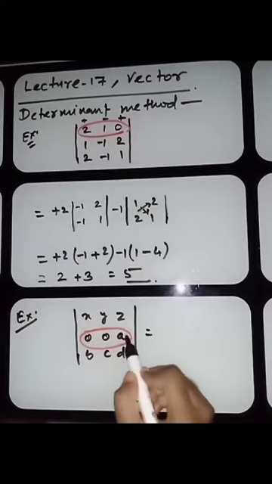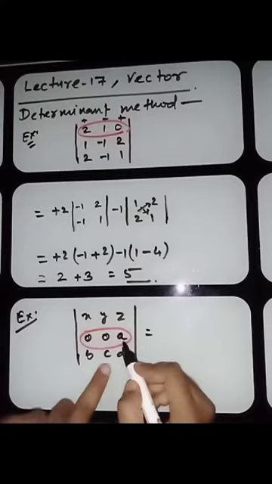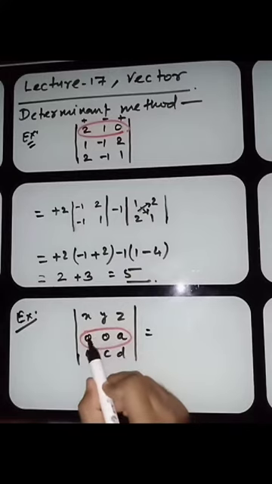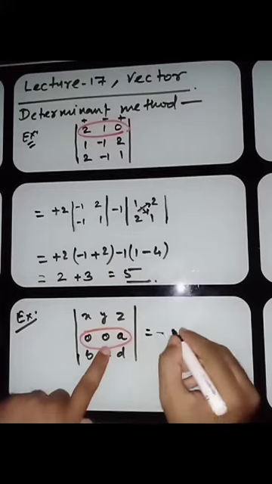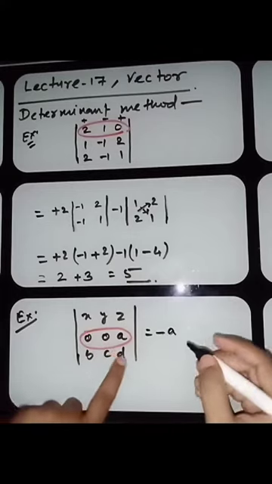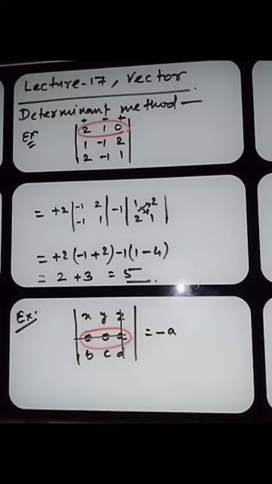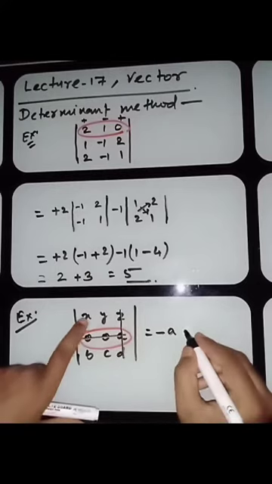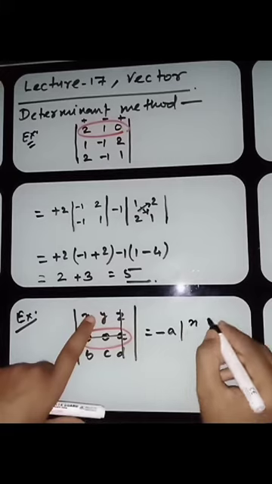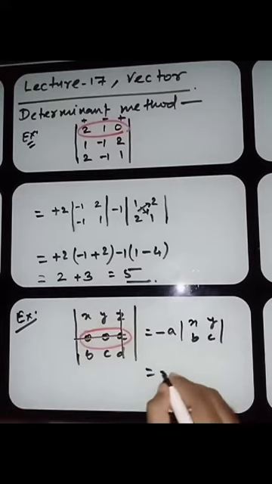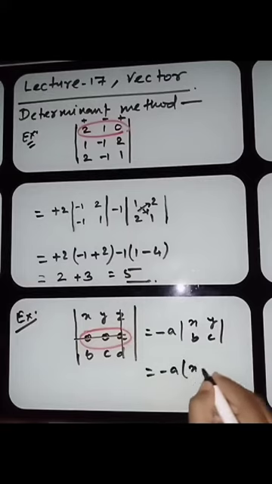Only the one number will give you the answer. Now, according to the nature it is plus, minus, plus, minus, plus, minus, so the minus a. Now let me split. This and this will be eliminated, so the x, y, and here the b, c, and our answer is xc minus by.